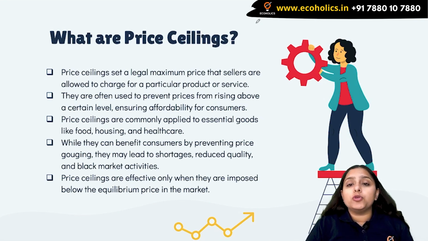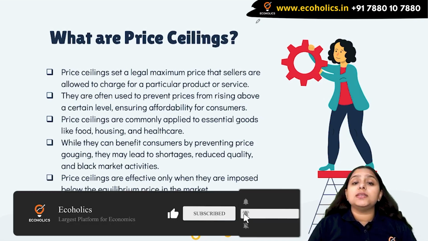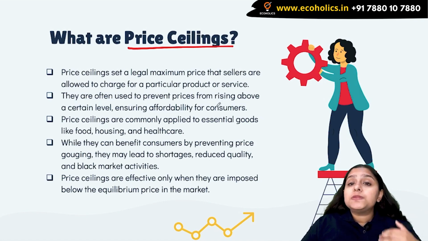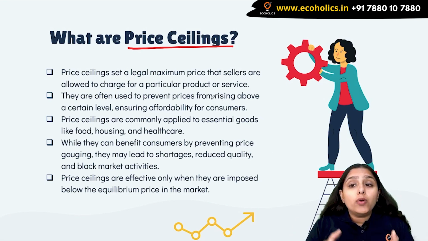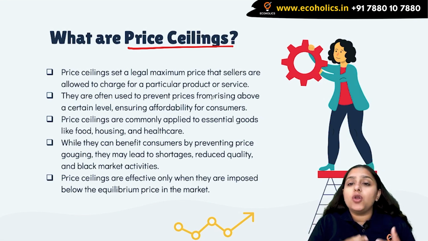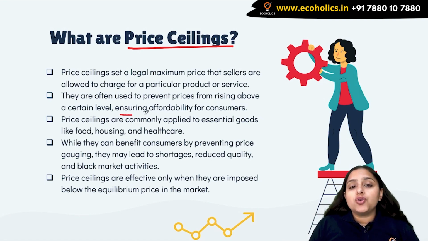The government imposes a maximum price this producer can charge, and this maximum price is known as the price ceiling. So a price ceiling helps the customers by not allowing the producers to increase the price of their product over a level. It ensures affordability for consumers.